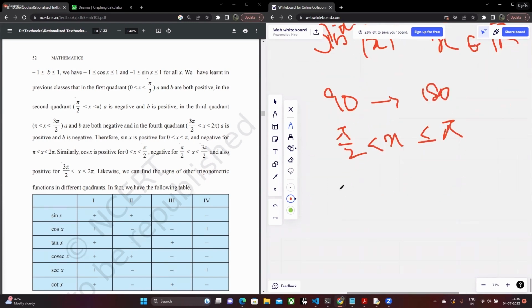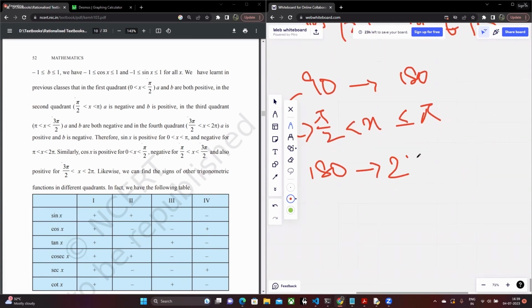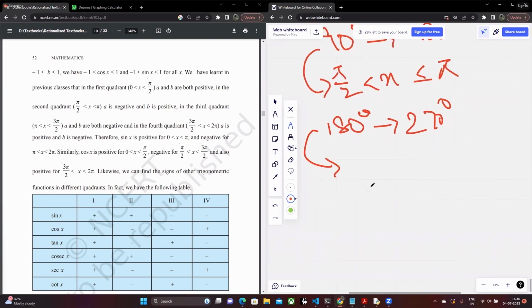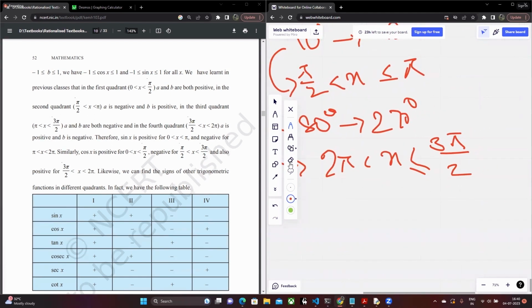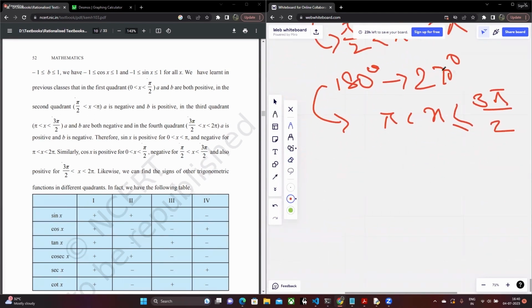Instead of 180 degrees to 270 degrees, this gets transformed to pi less than x less than or equal to 3 pi by 2. And similarly for 270 to 360, you have 3 pi by 2 less than x less than or equal to 2 pi. So like this.